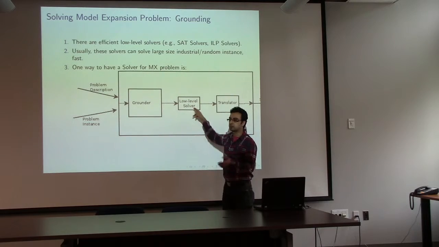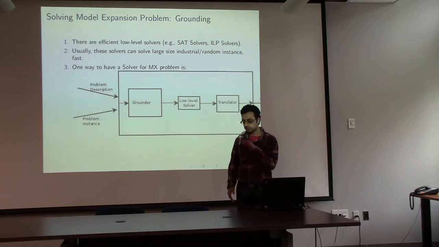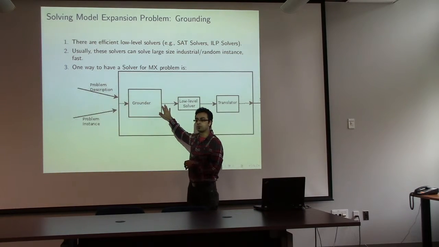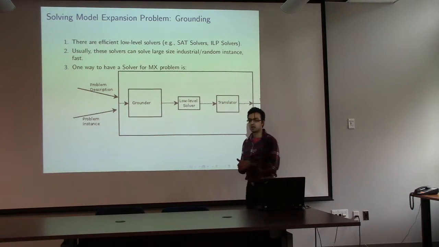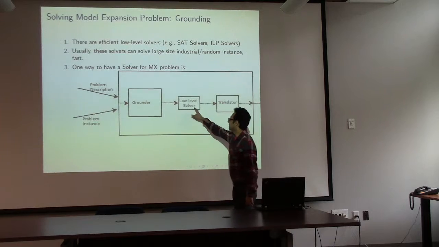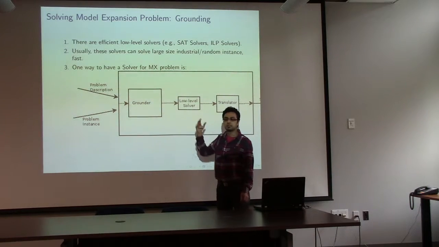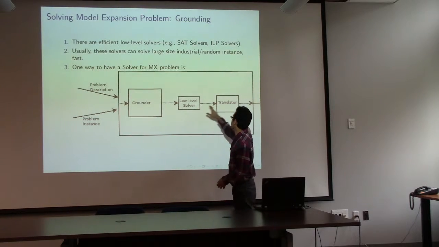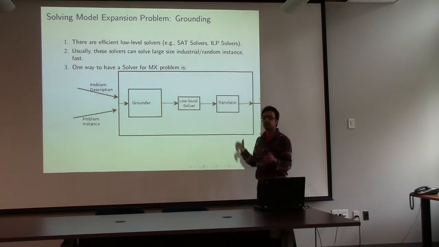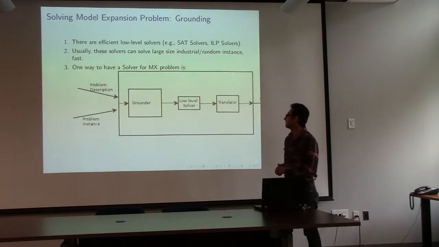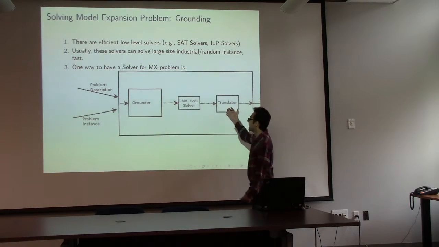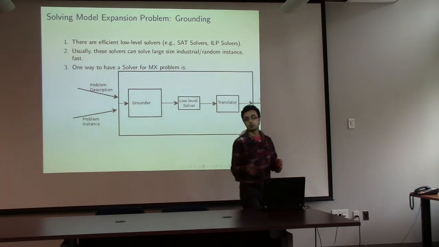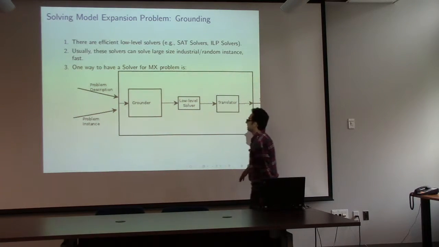It can be anything, but right now in our system it's a SAT solver. So our grounder creates a CNF formula and passes it to our low-level solver. The low-level solver tries to solve its input CNF, and if there is a solution, it passes it to the translator. The translator converts the solution back to the original problem. That's the basic idea. Essentially, we have three components.